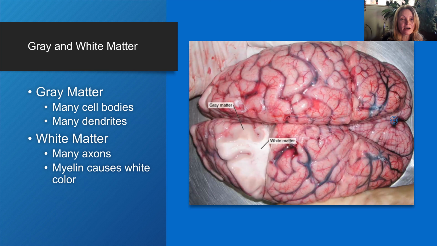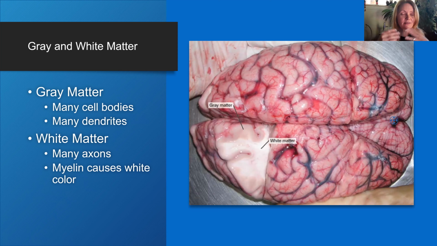Gray matter is cell bodies and dendrites, and white matter is axons. Axons are covered by a fatty substance called myelin, and the myelin gives the axon its white appearance.